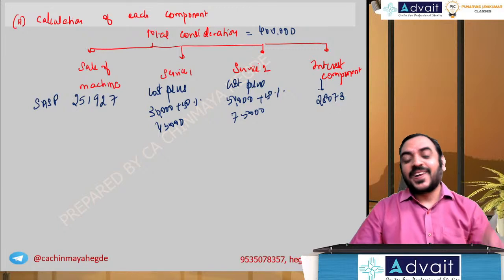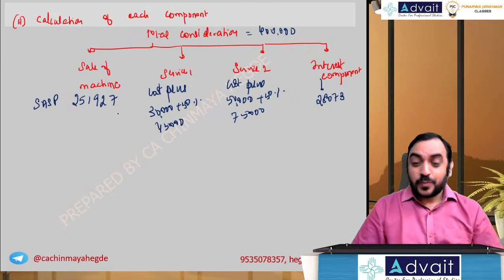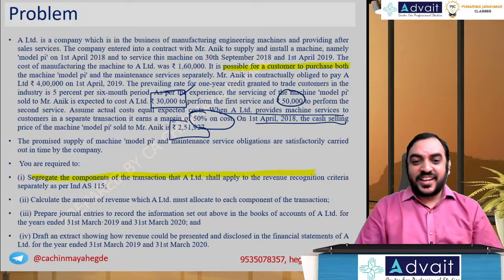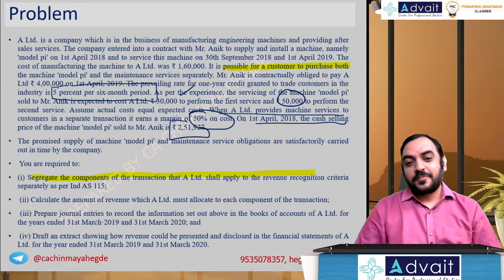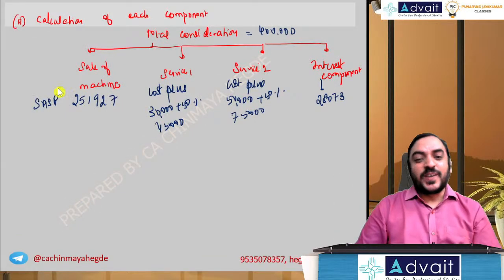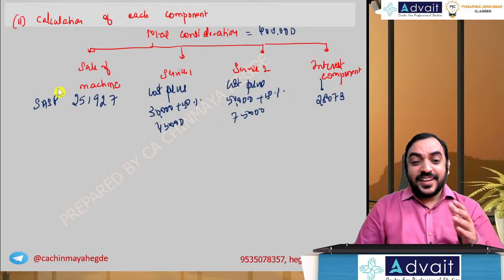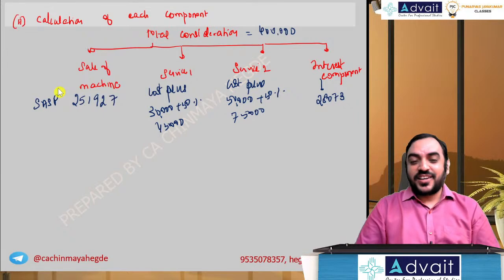But how do you calculate this 28,073? We calculate the implied interest rate. But in the question, I need not calculate the implied interest rate. The effective interest rate they have given. It is 5% for a 6 months period. So if I calculate 5%, eventually it will come to 28,073. That's an advantage for us in the examination, because in FR we don't have to calculate the implied interest rate.